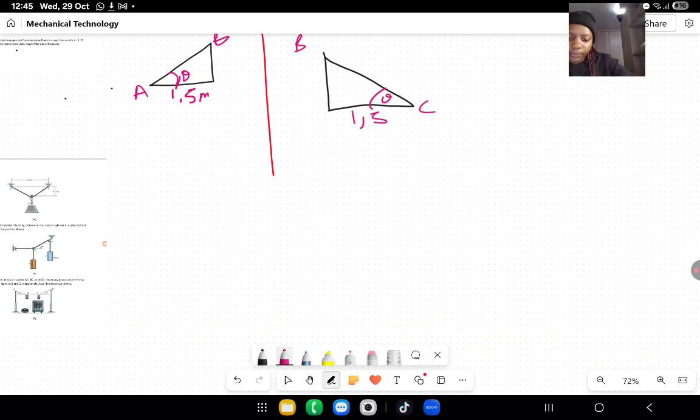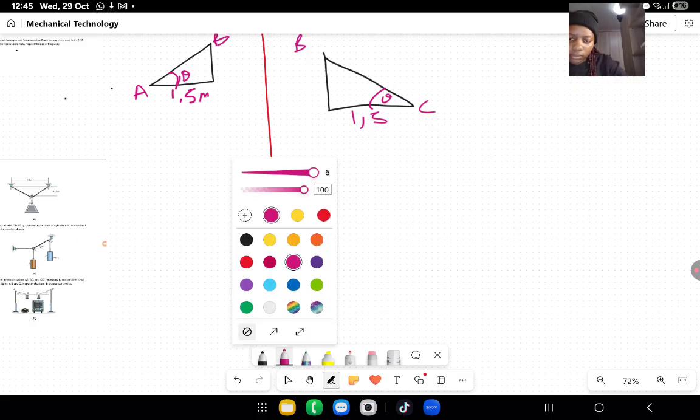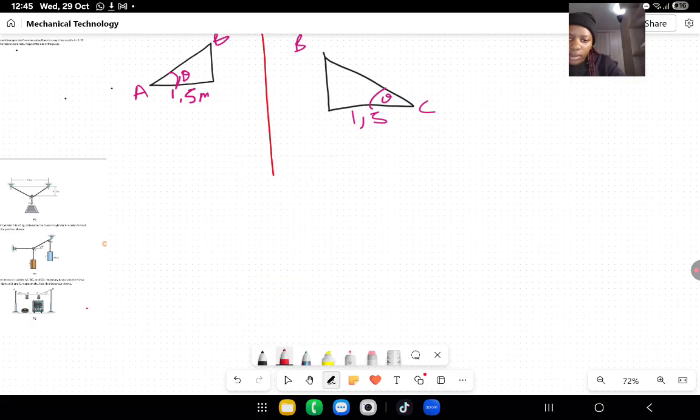So now our horizontal components on this side will be equal to, they meet here at B, then this goes this side, then this one up.